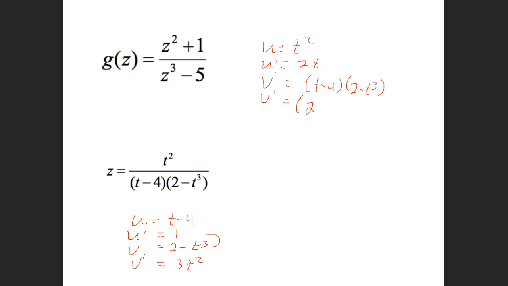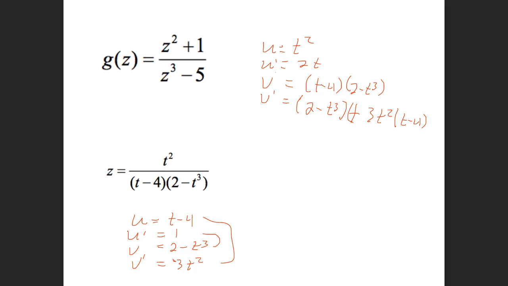So it's going to be 2 minus t to the third, I'm sorry, plus the outside. So that's going to be negative 3t squared times t minus 4. Whew, that's a heck of a derivative there. All right, so now I've got negative 3t squared, not positive. Negative, oh, is that negative 3t squared? Yes, it is.